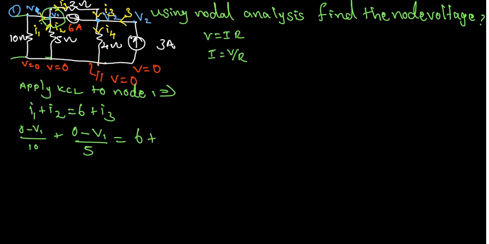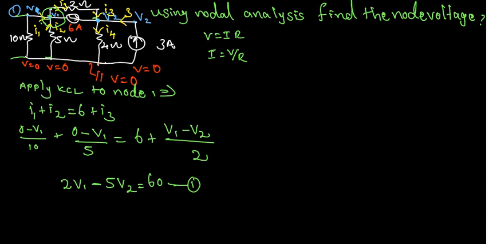I3 is the voltage difference V1 minus V2 over 2 ohms. When we solve this, we get V1 minus 5V2 is equal to 60. This is our first equation. There are two unknowns, V1 and V2, so we need two equations.